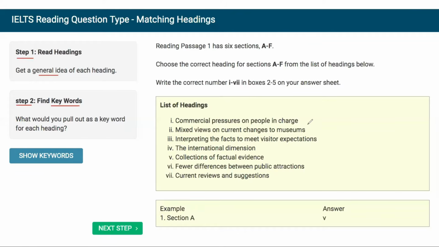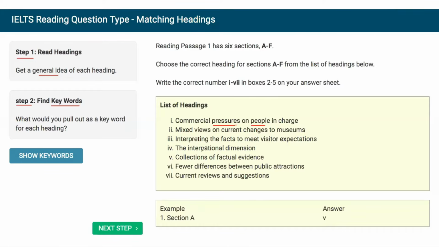Okay. So let's start with number 1, commercial pressures on people in charge. Now, if you think about this, you want to say, which words are important enough to be the main idea? So I'm not looking at detail, I'm not looking for specific things. I would say pressures and people, okay? You don't want to underline commercial because commercial is describing pressures and in charge is describing people. So we just want to keep it simple, pressures and people.